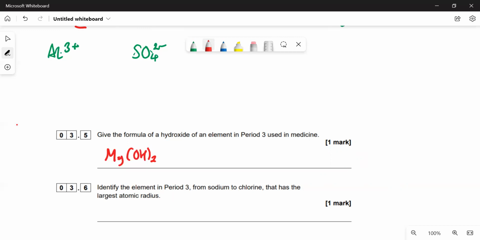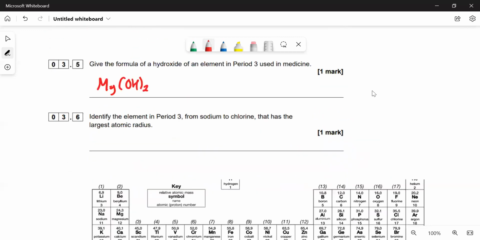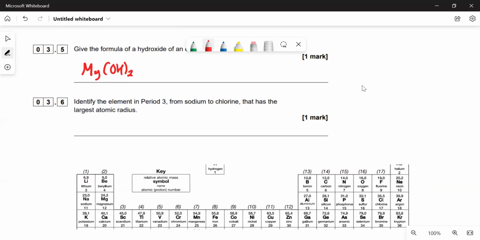Identify the element of period 3 from sodium to chlorine that has the largest atomic radius. Well, I've drawn the periodic table here. So we're talking from sodium up to chlorine. It's going to be sodium because sodium has got the weakest nuclear charge, isn't it?